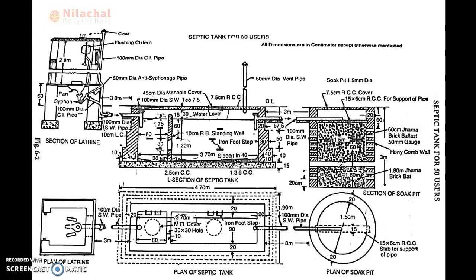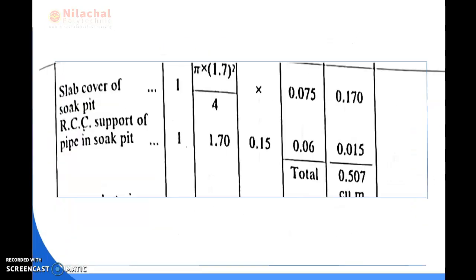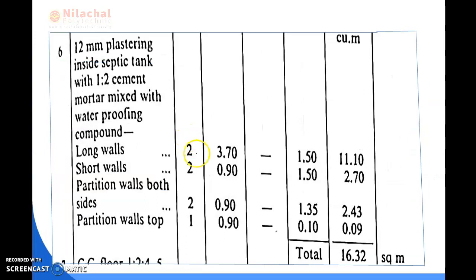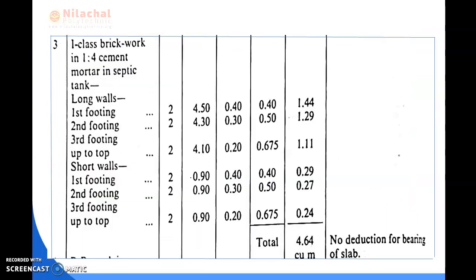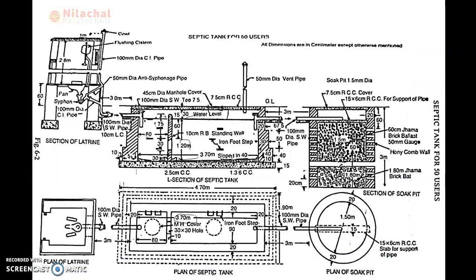Then we consider the short wall part. Here 2 numbers of short walls are given. What is the length of the short wall? We need to check. The length is 90 centimeter, or 0.9 meter.